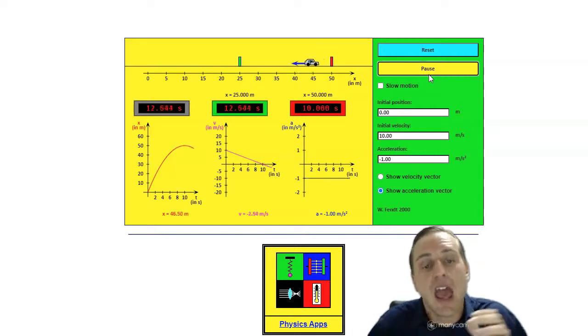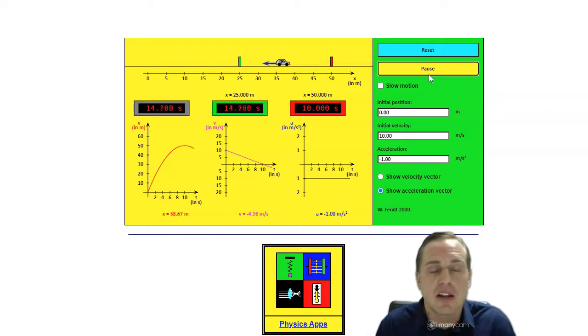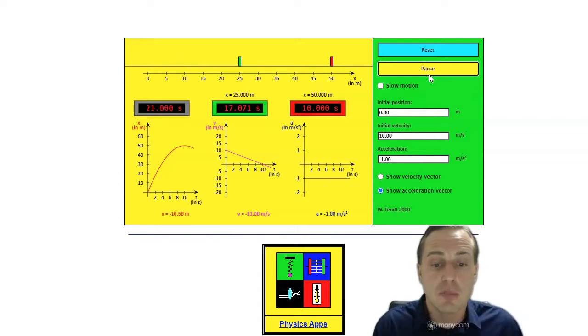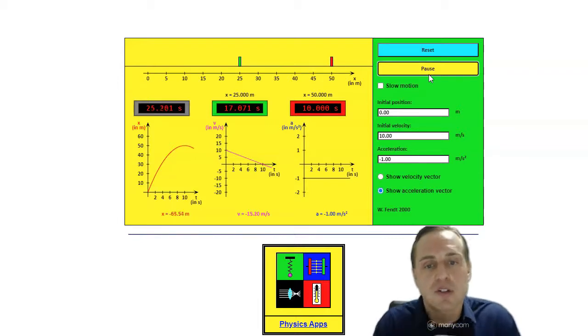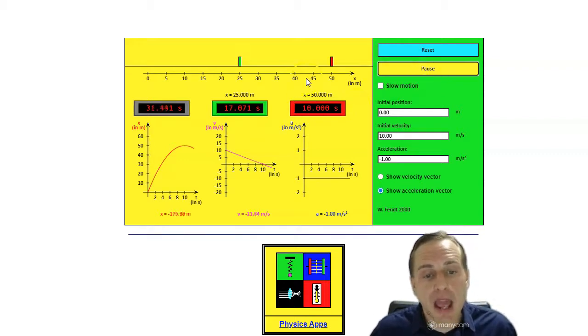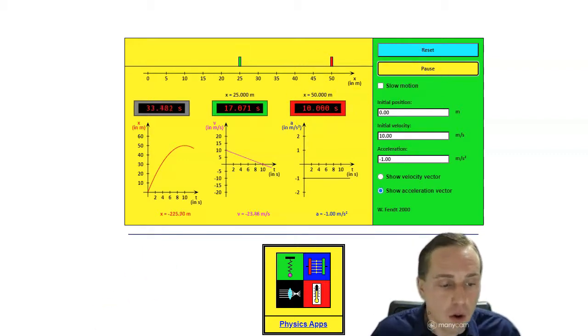And then after the car stops, it speeds up the negative velocity. In fact, when the acceleration and the velocity are in the same direction, you speed up. When the acceleration and the velocity are in opposite directions, in terms of their vector directions, their arrows, you slow down.